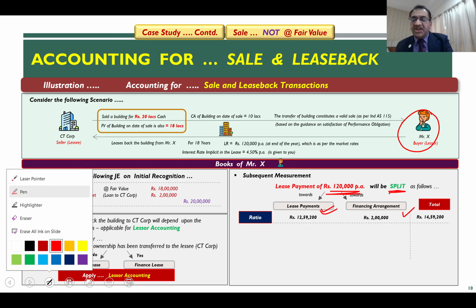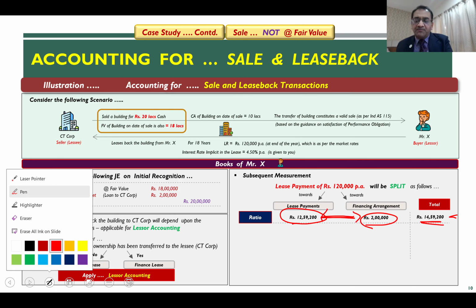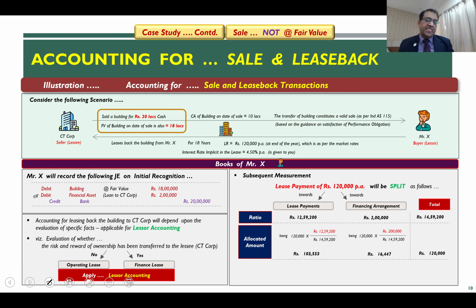Therefore, in the ratio of this 12,59,200 and 2 lakh, which is the original calculation we did, the gross amount of 14,59,200 is split into these two parts. In this ratio, this amount needs to be split. That will be the proportionate amount in respect of the lease payments or the financing arrangement.